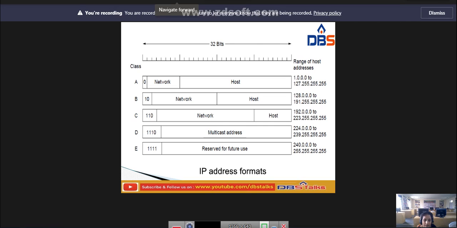IP addresses were divided into 5 categories as listed. The allocation has come to be called classful addressing. So, this is the IP address formats.